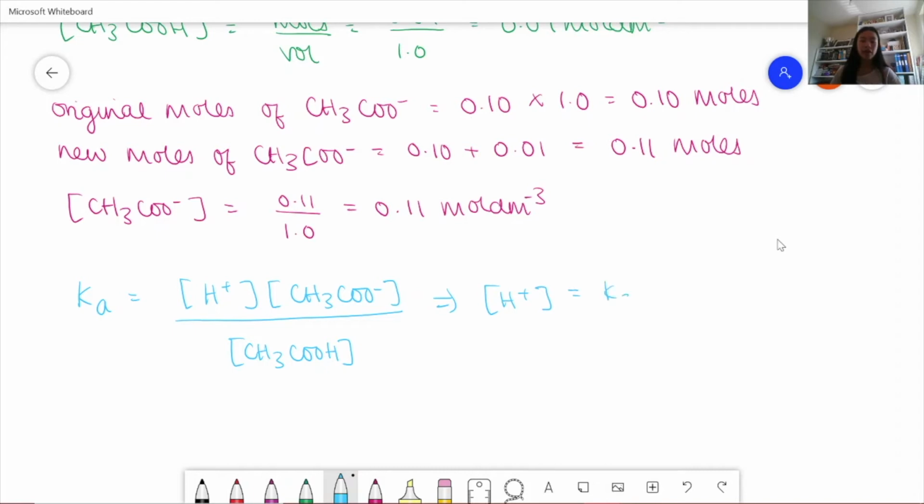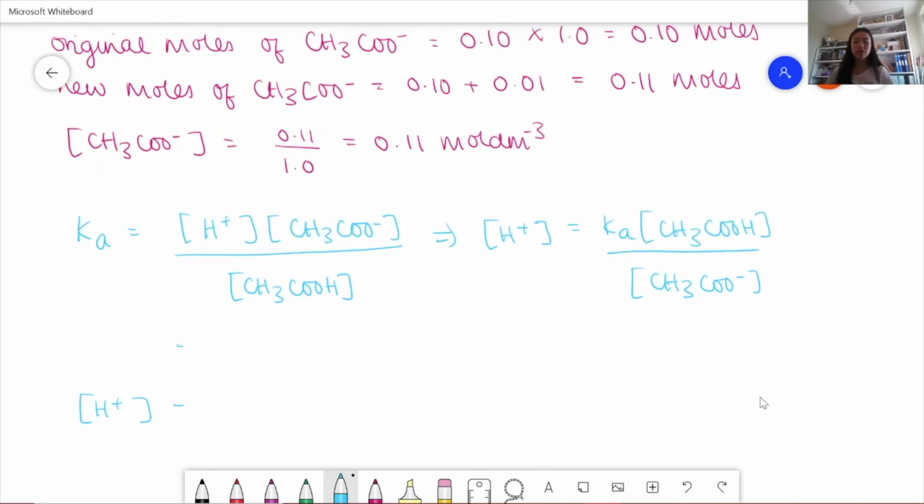So we have Ka multiplied by the concentration of ethanoic acid divided by the concentration of ethanoate. And so what we get is H plus is equal to Ka, which was 1.7 times 10 to the minus 5, and this is multiplied by the concentration of ethanoic acid, which was 0.09.